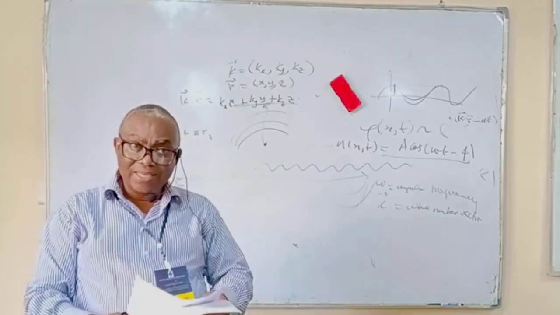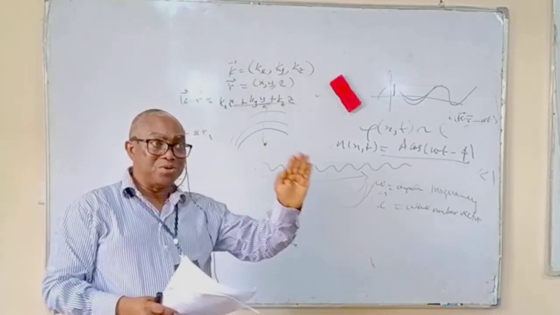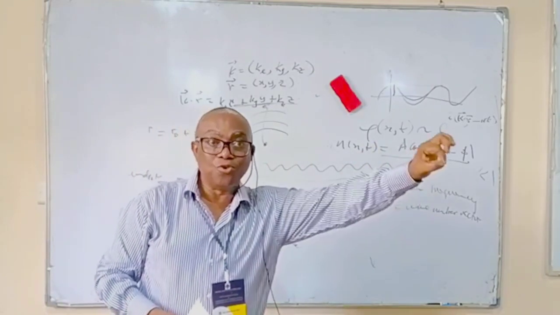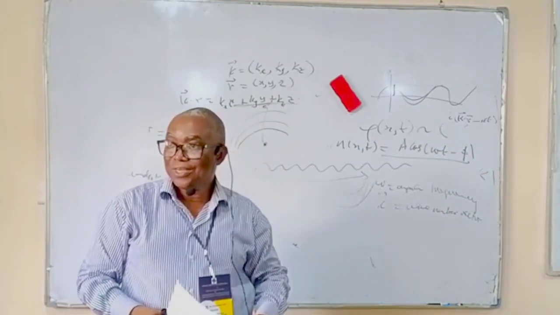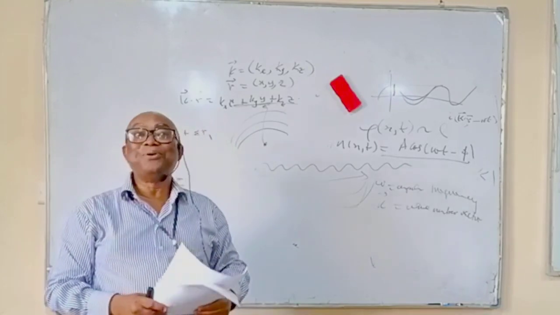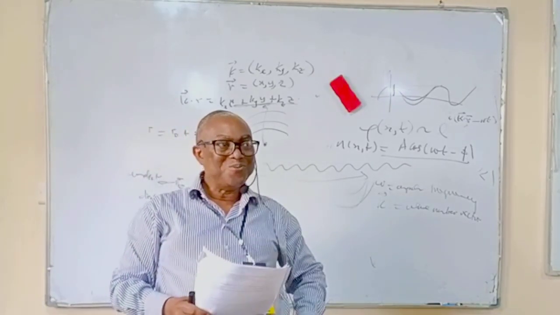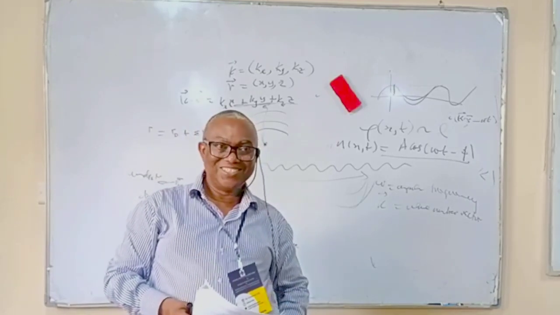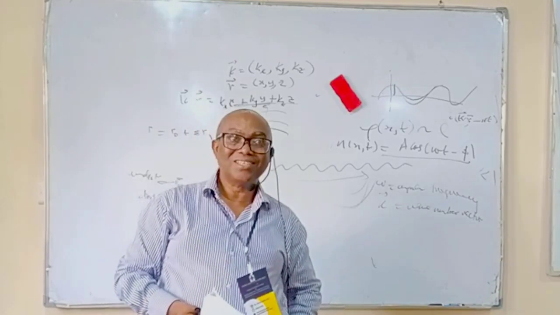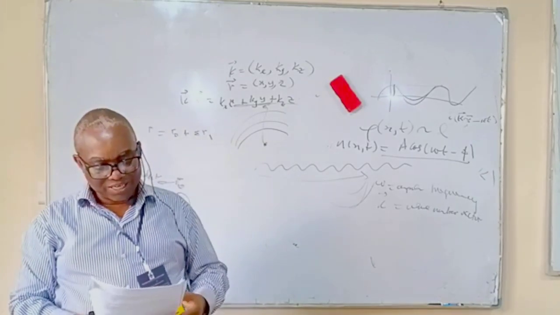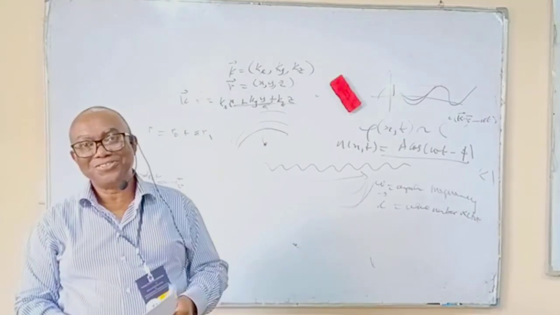And then we said it does what? It transports energy or information from the place it starts to another, isn't it? And then you should also know what is a period. These are fundamental things we should know, is it not? What is a period of oscillation? I will not tell you. Okay. What is an amplitude?